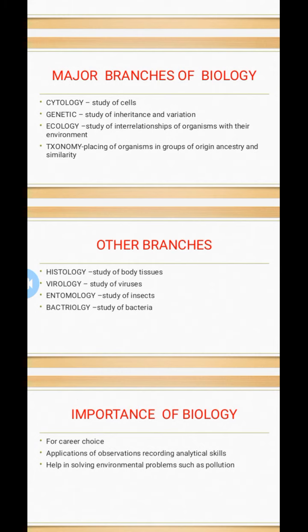So you can group an animal according to its origin and ancestry. They have certain features that you can use to place them in a certain group or class. So this is where we are going to learn about the animal kingdom and plant kingdoms, because that is taxonomy, placing or naming organisms in groups of origin, ancestry, and similarities.